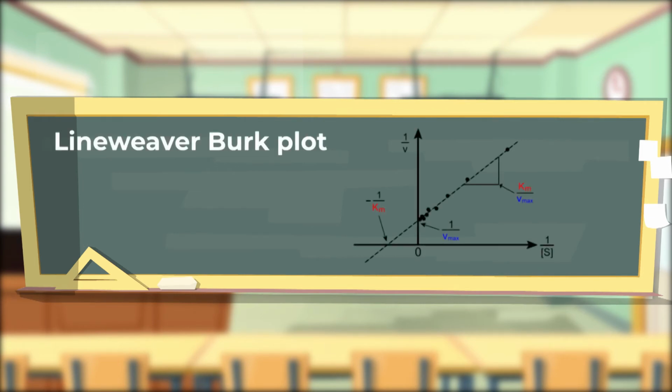First, in the Lineweaver-Burk plot, on one axis 1 by V is taken and on the other axis 1 by S is taken, so it is sometimes called a double reciprocal plot.